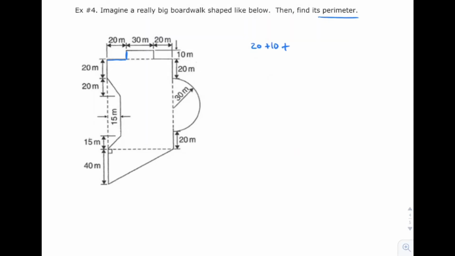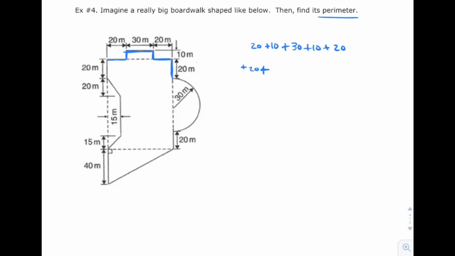Now I got to walk from here to here. It looks like that's got a length of 30. It says it right there. Then I'd have to walk down to here again. So that's another 10. Now I have to walk across here. Looks like they labeled it as 20. So you just got to keep track of yourself here. Keep going, keep going. Now I got to walk this distance, which is labeled as 20 plus.